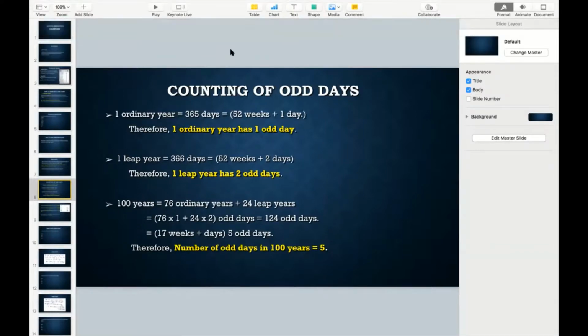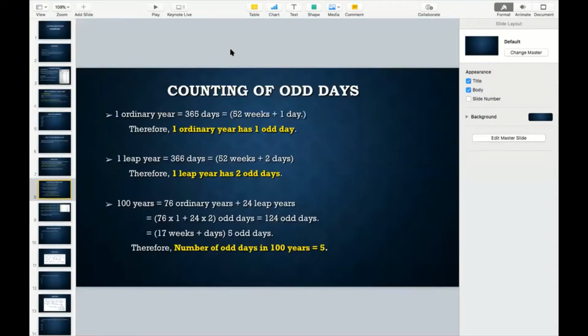Now listen. Generally, people divide 100 by 4 and get the quotient 25, so they think there are 25 leap years. But in the first 100 years of our calendar, the fourth year will be a leap year, then the 8th, then 12th, 16, 20, and so on till 88, 92, 96, then comes 100.